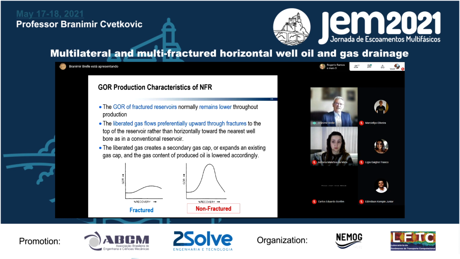Then the GOR in a fractured reservoir normally remains lower through production. The liberated gas flows preferably upward through fractures, so the GOR is lower.